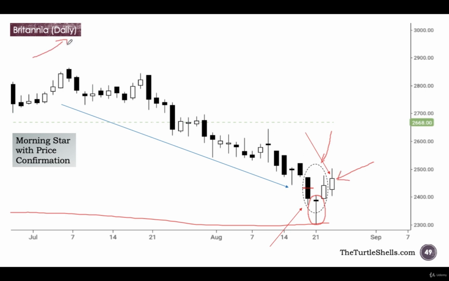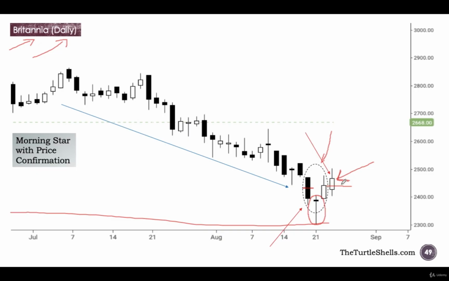This is a daily chart of Britannia. So we wait for one more day. So that candle has closed above the close of the morning star, which confirms our bullish view. So instead of buying here, I buy here.